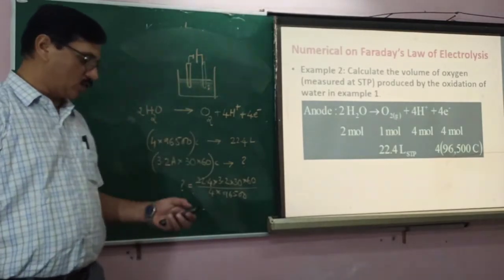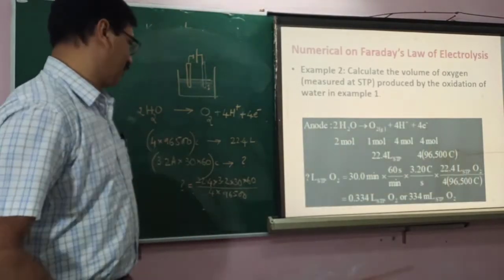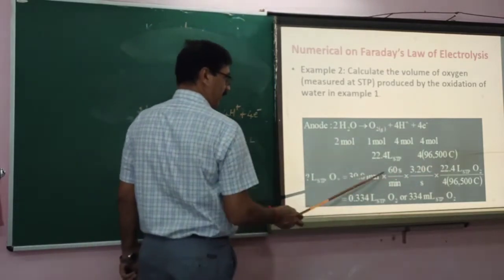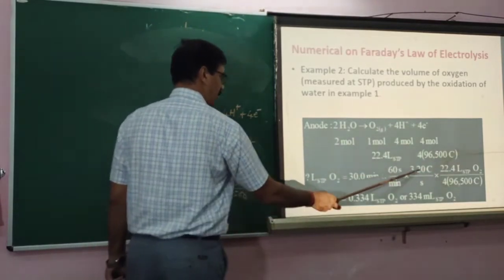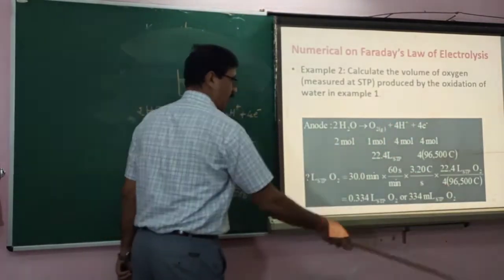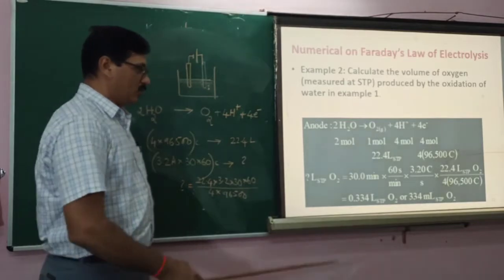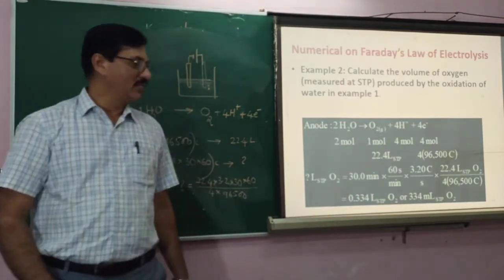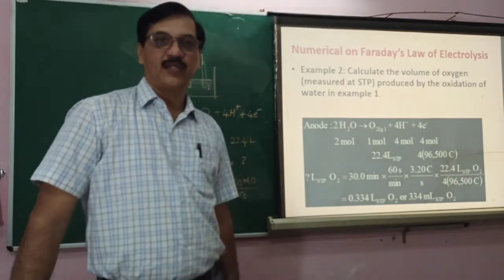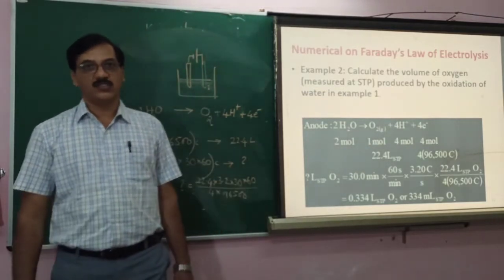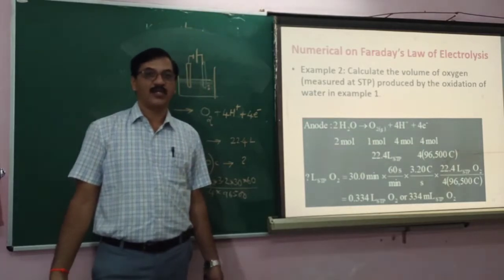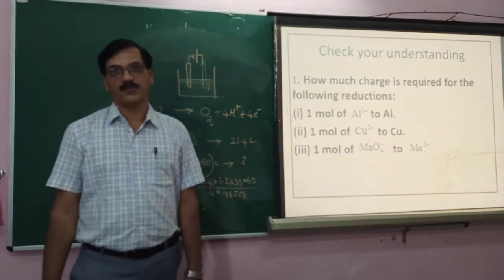When you do this, you are going to get the answer: 0.334 liters at STP. So this is the way we get the volume of a gas obtained if the gas is the product of electrolysis.